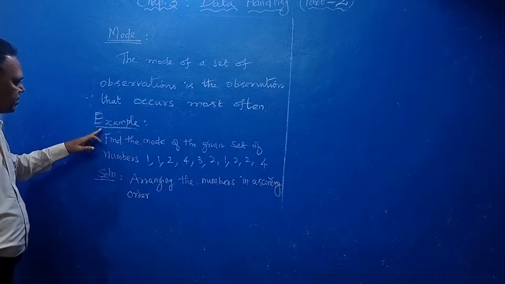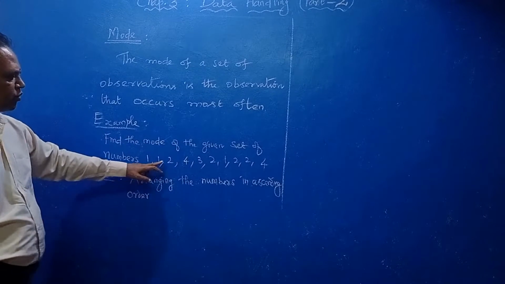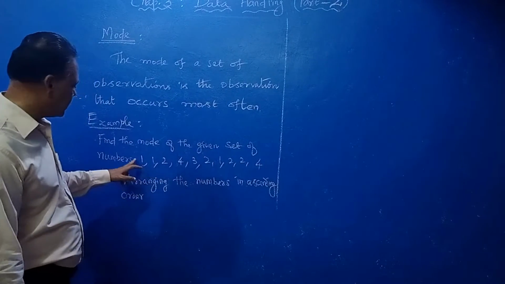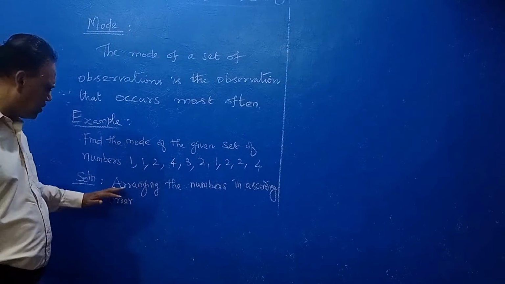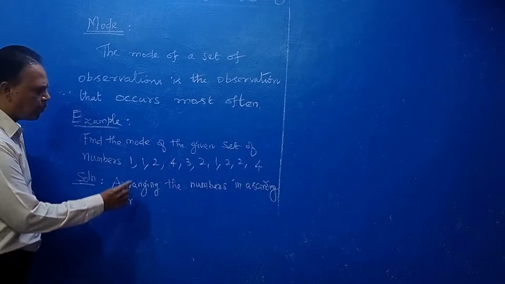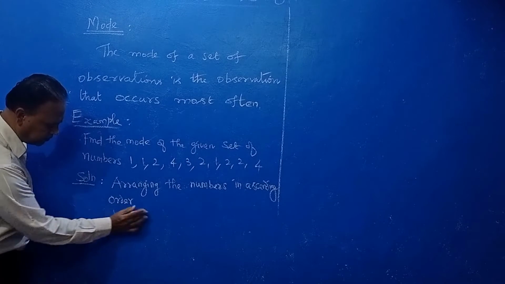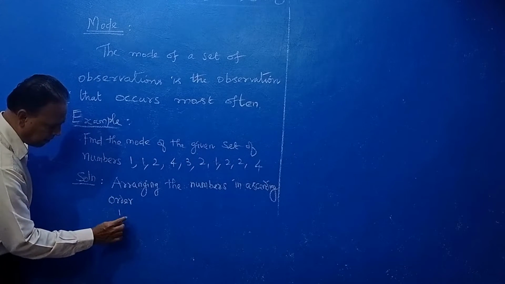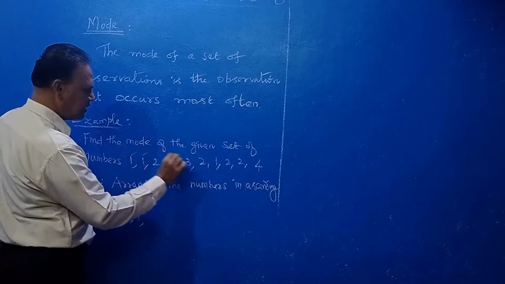We will see the example. Find the mode of the given set of numbers. You see one group of numbers given. So what you have to do is first arrange the numbers in ascending order. That is better. Here how many 1 there? 3 ones there. First write 1, comma 1, these 3 written.